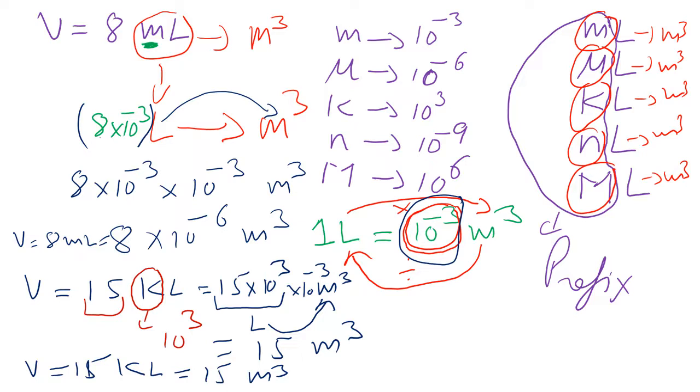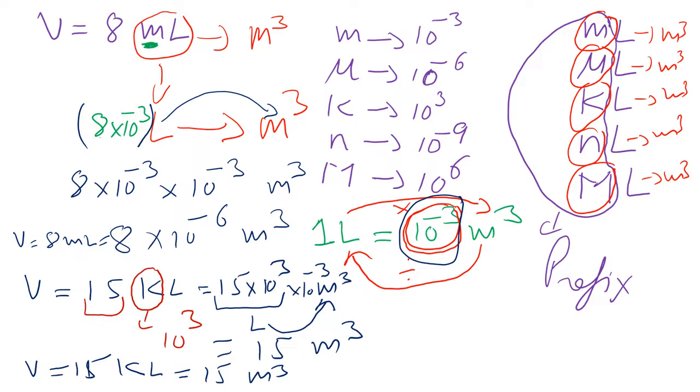Now this liter number you have to change to meter cube. The relation between liter and meter cube is that 1 liter is equal to 10 to the power minus 3 meter cube.